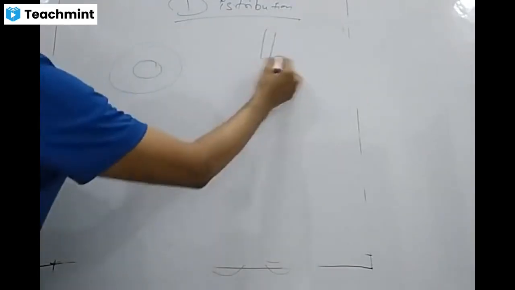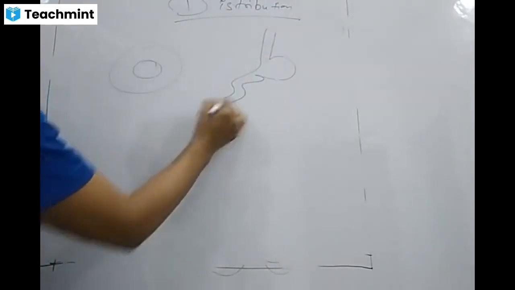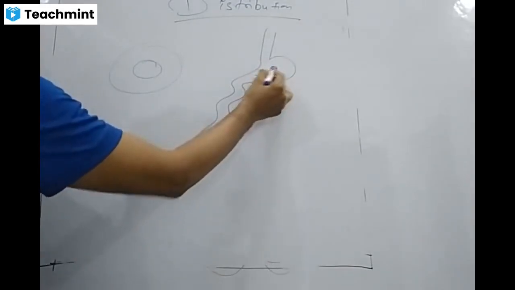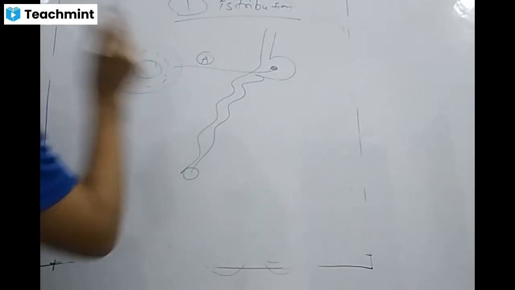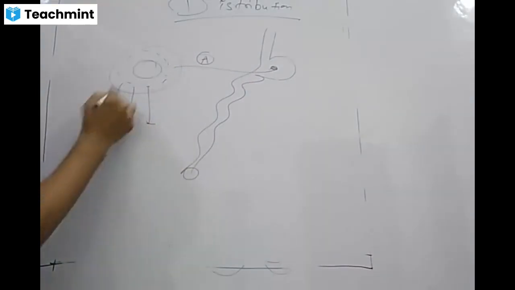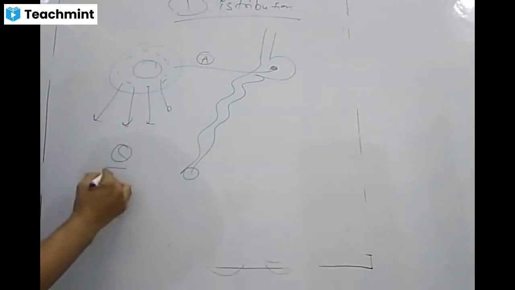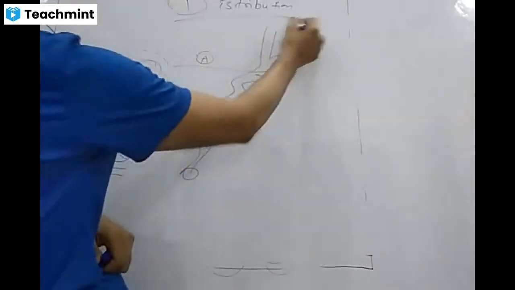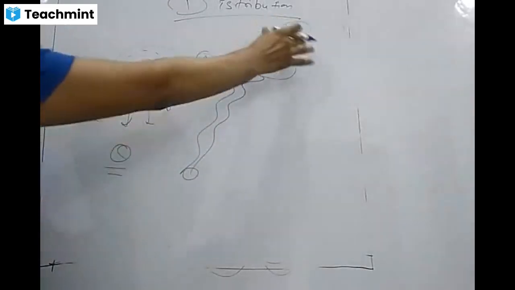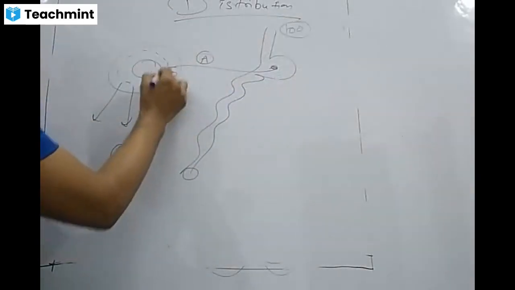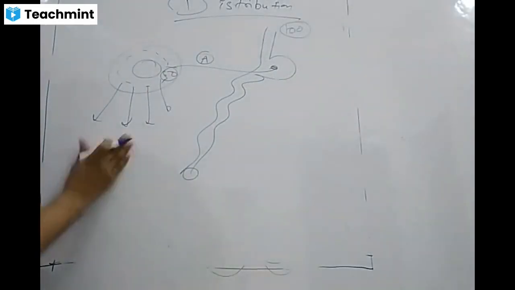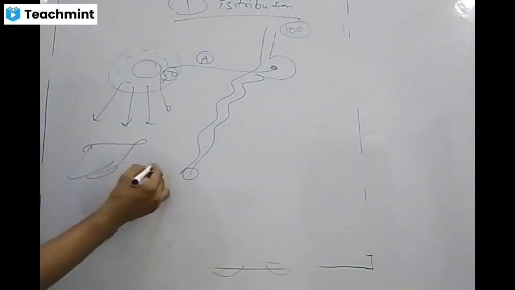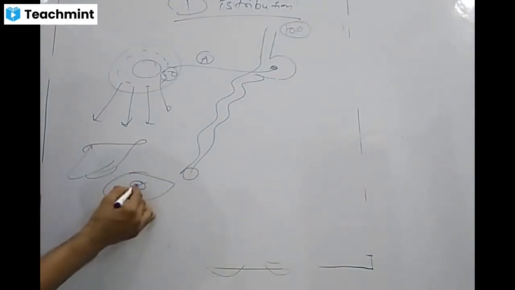So after absorption, from here we have reached at this point. From this point, what starts? Distribution. So the first question is, suppose we have given 100 molecules and out of 100, 50 reach into the blood, that is absorption is 50%, and then this is liver or that may be eyes.